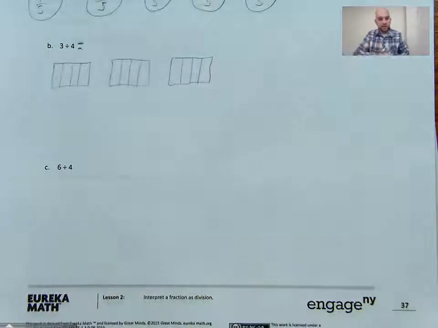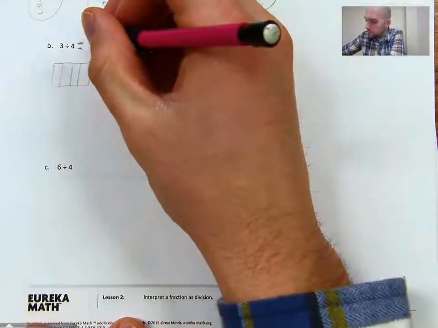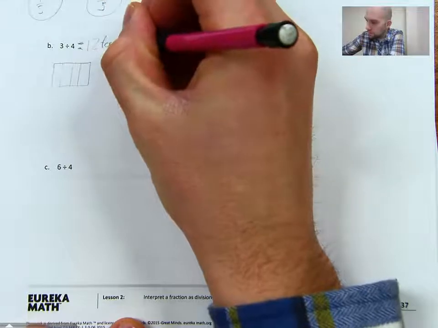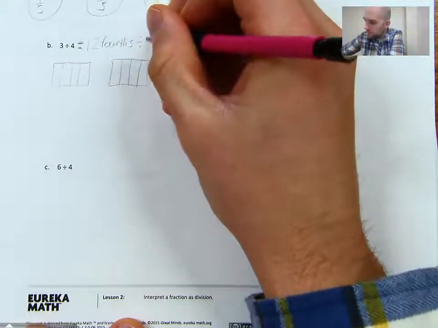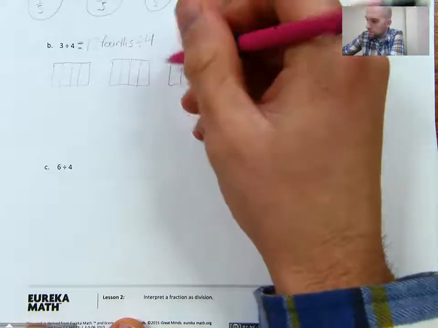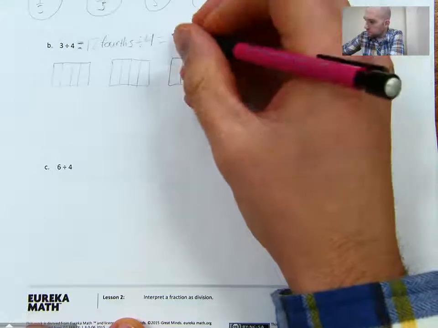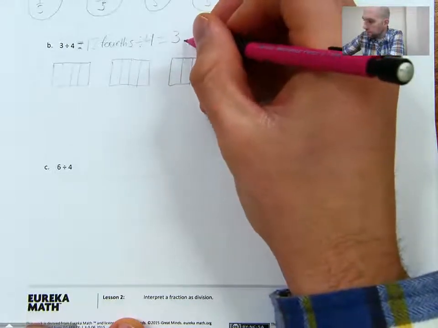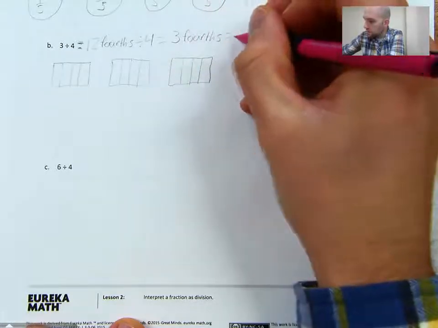I have 12 fourths, which makes sense because 3 times 4 would be 12. So I have 12 fourths altogether divided by 4 equals 3 fourths. And that looks like this.